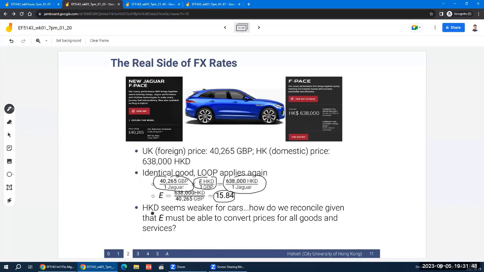So what you should conclude here is that something is going on for this specific good. Does anyone want to propose some explanation why Jaguars are so much more expensive in Hong Kong? Maybe you have a tax perspective.